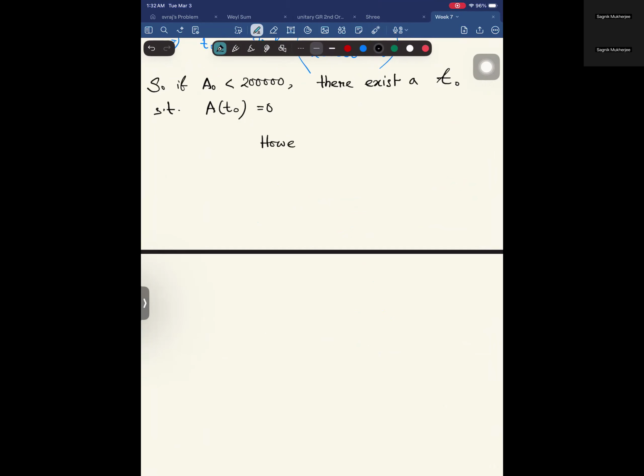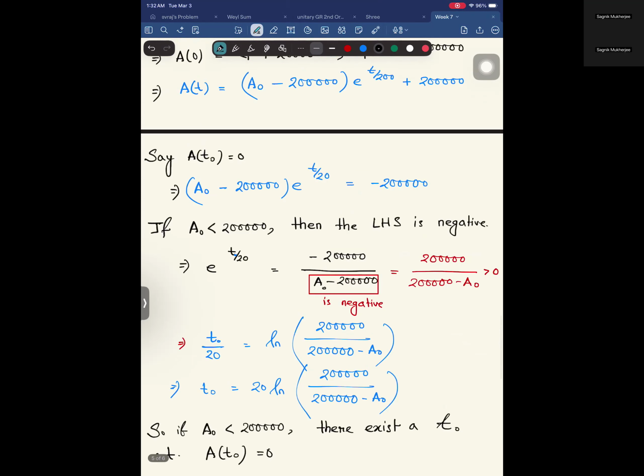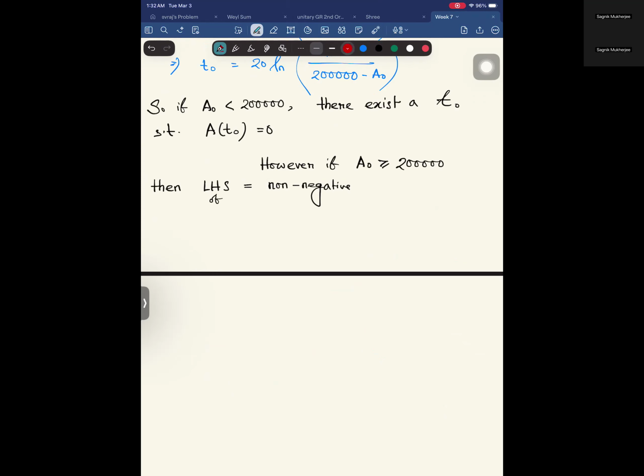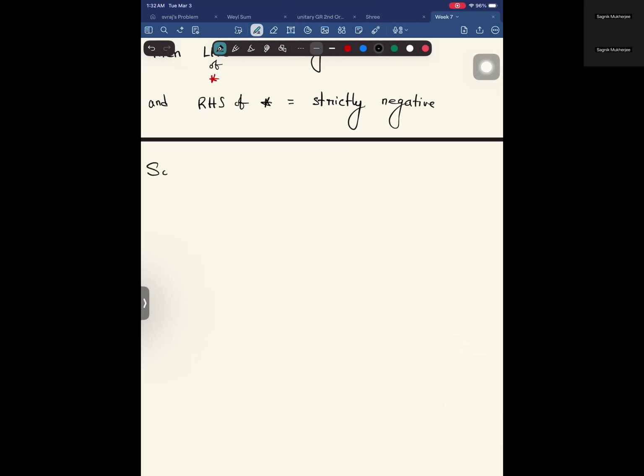However, if A0 is equal to 200,000, then the LHS of this equation, LHS of star, is non-negative, and you can see the right hand side is strictly negative. So that means star can never be true.